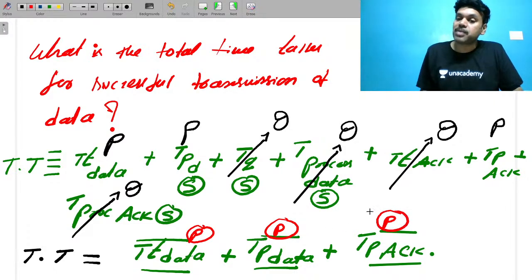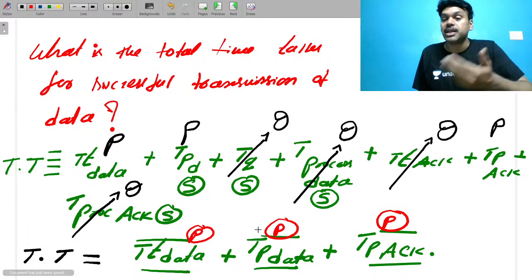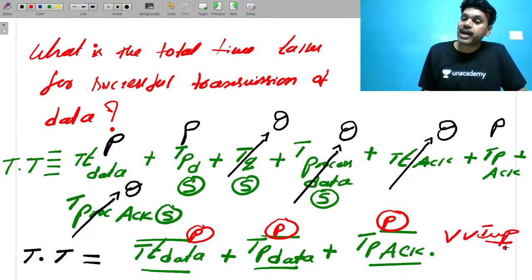Therefore, it is also primary. Unless you send the positive or negative acknowledgement, the sender cannot know whether the data was successful or not. That's why we consider this as our important equation for your total time.